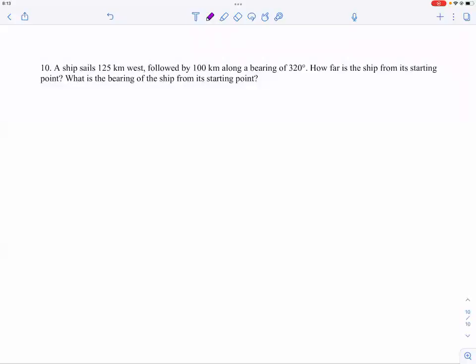All right, number 10 is a question similar to number 9. We have a ship. I'm going to start the diagram from the middle because the ship is going to travel west for some distance, 125 kilometers.